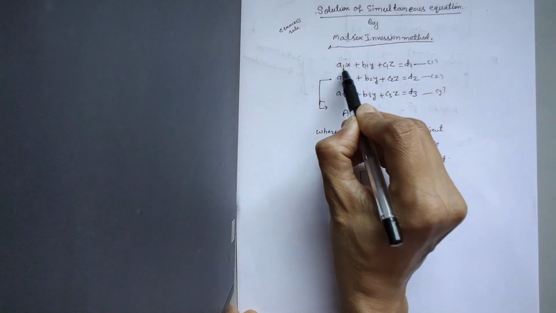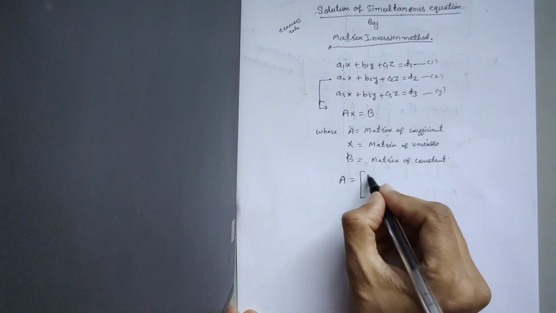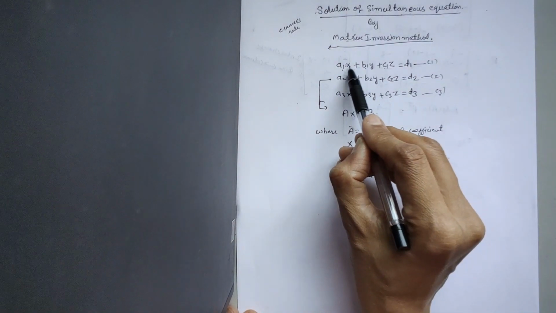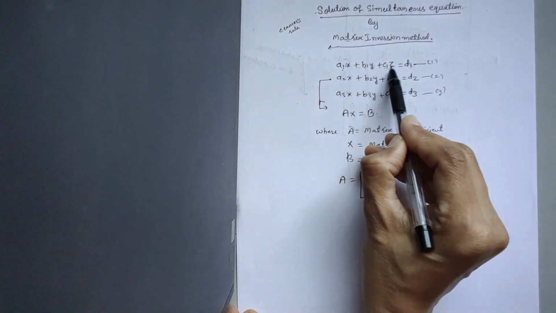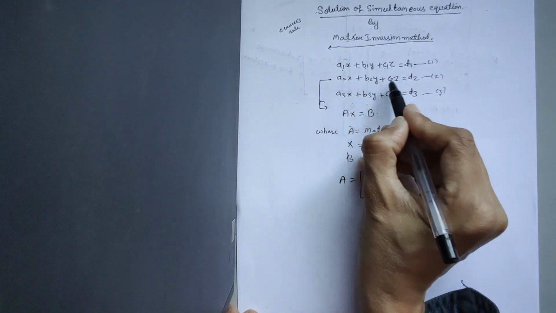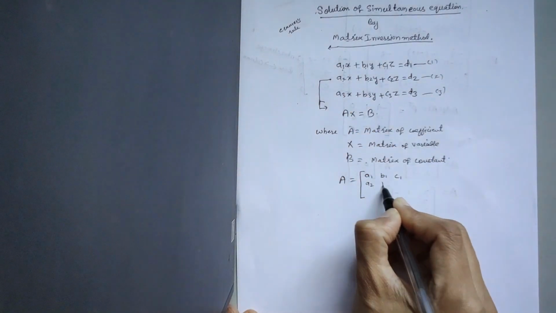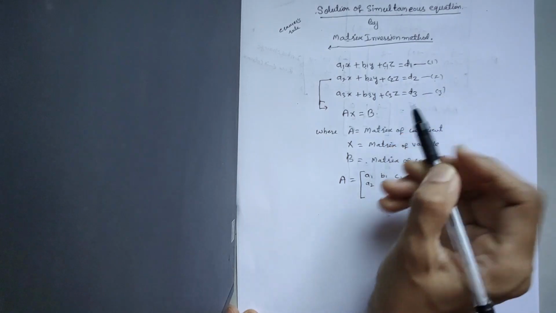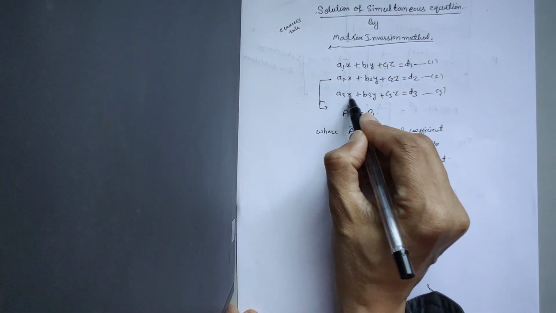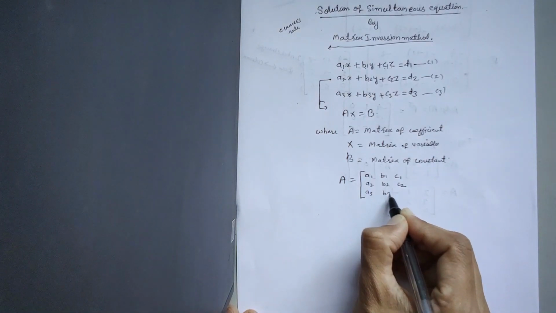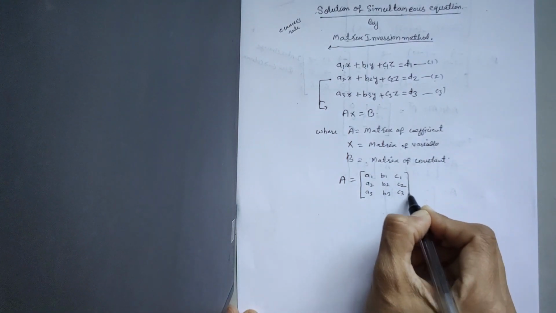So just write the coefficients here in rows: a1, b1, c1, all coefficients of x, y, z from the first equation, a2, b2, c2, all coefficients of x, y and z from equation 2, and the coefficients of x, y and z from the third equation, a3, b3, c3.